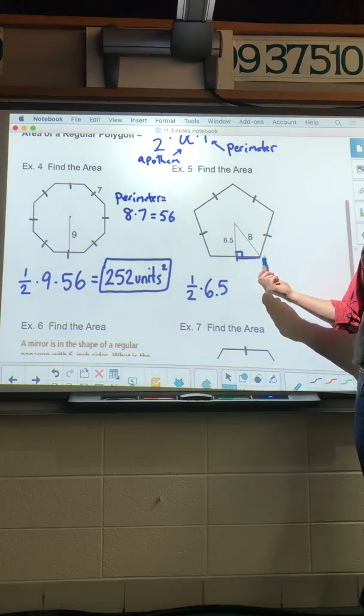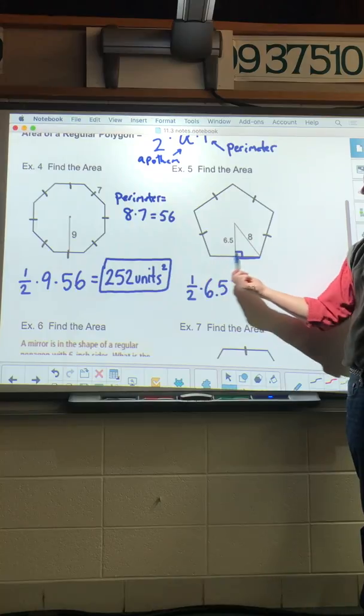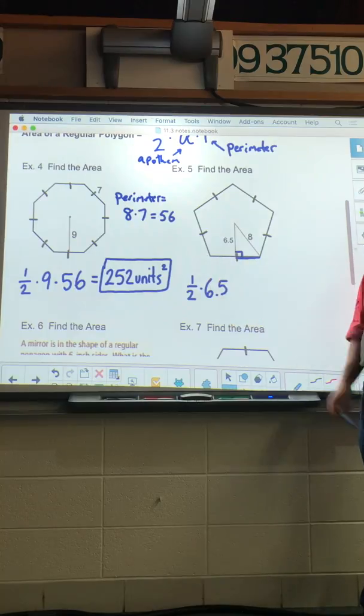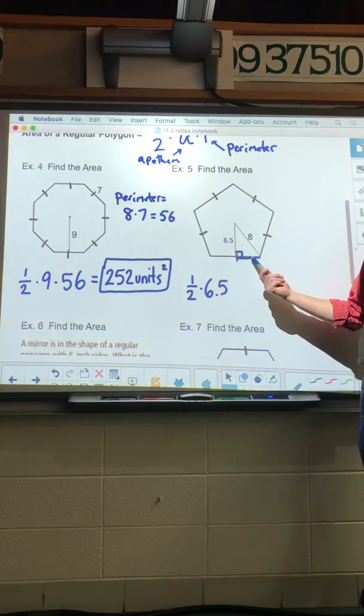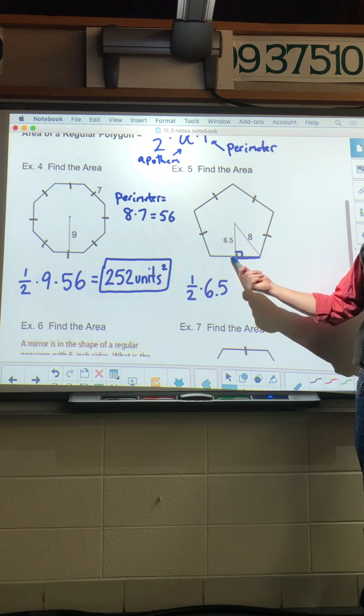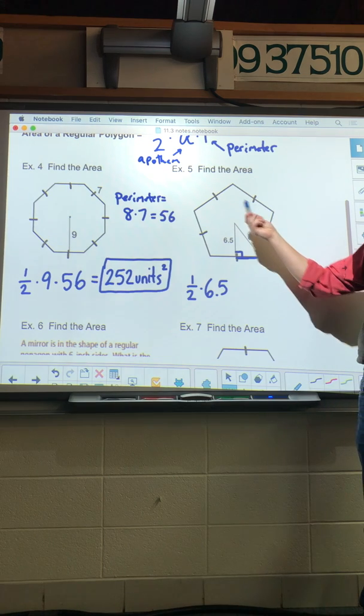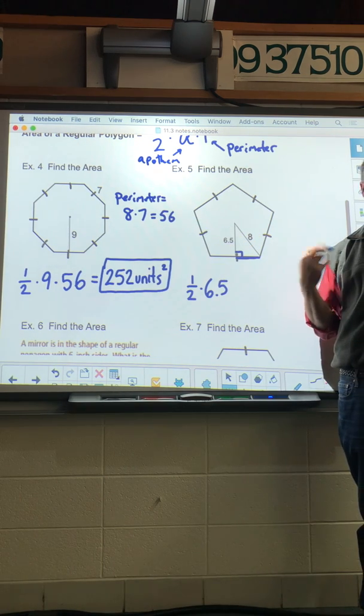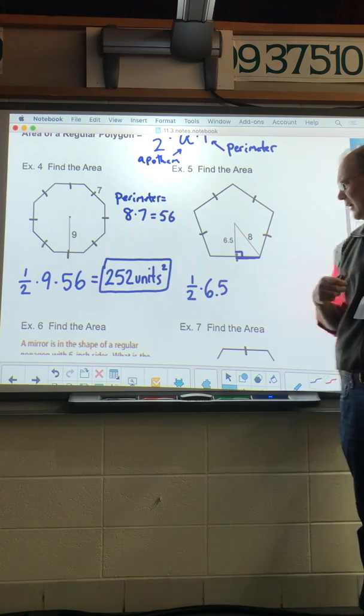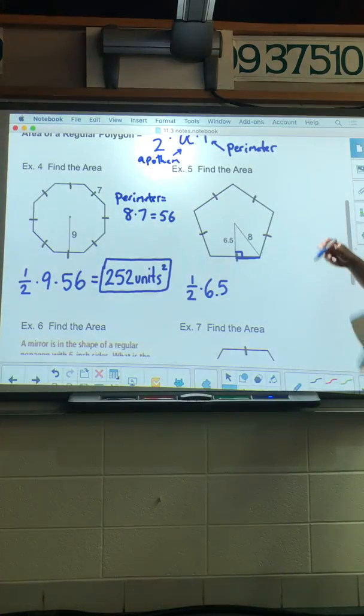Okay, and then that is half of the side of the pentagon. So if I find this, and then multiply by 2, that gives me that whole side. And then I can multiply by 5 to get the perimeter. Okay, so perimeter is a little more work.